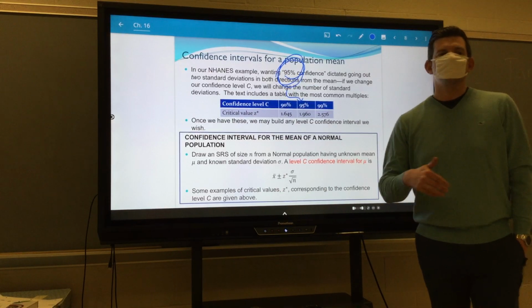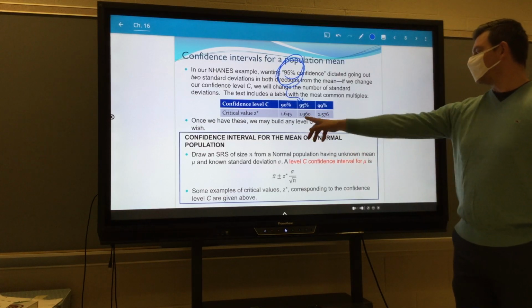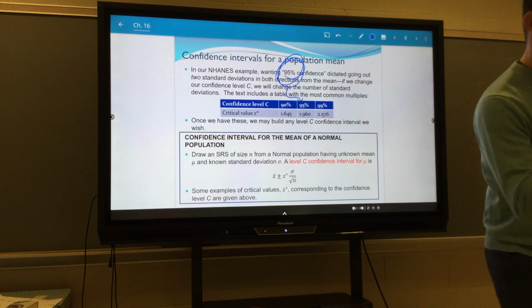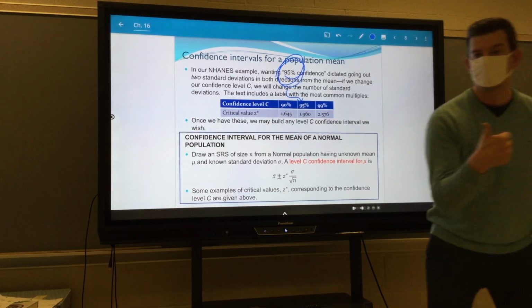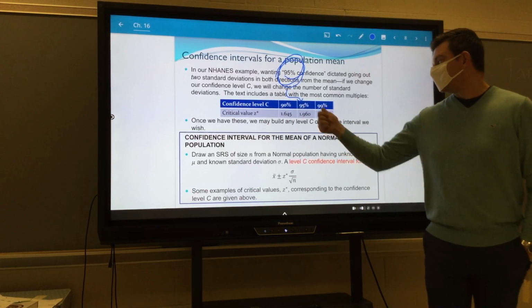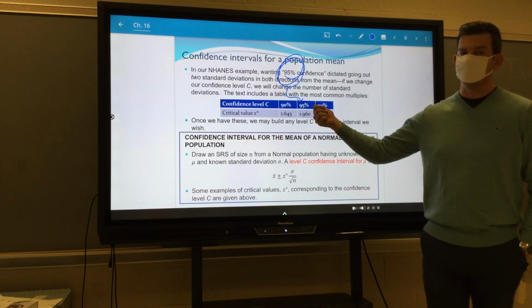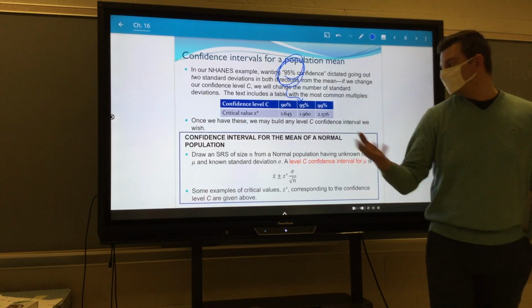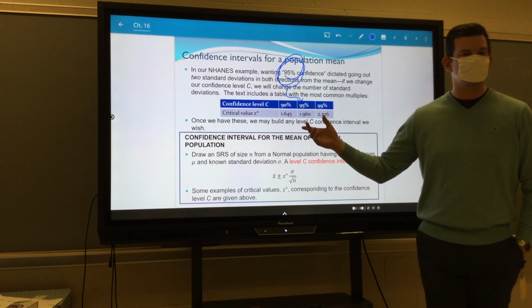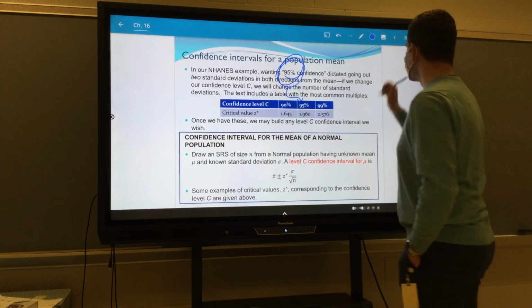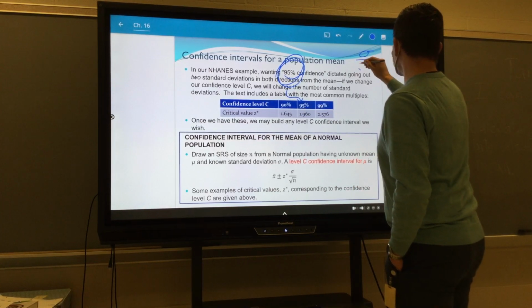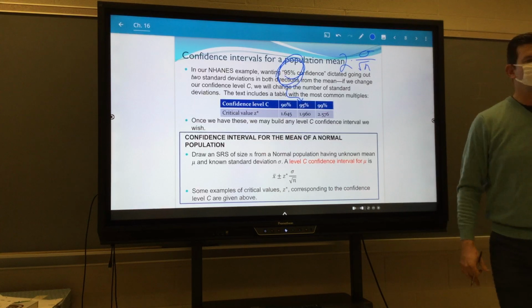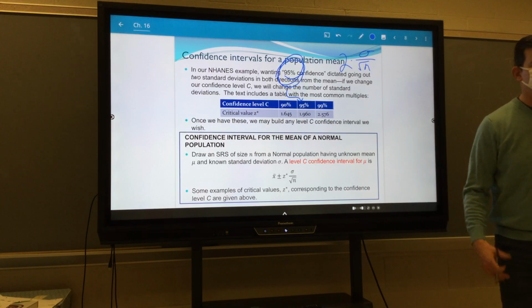But that's so close that we often just round that up to an even 2, because that's a pretty good level of confidence, and it's doubly nice because it's an easy calculation to do. We just take our sigma over the square root of n, and we multiply it by 2 for our 2 standard deviations above and below.